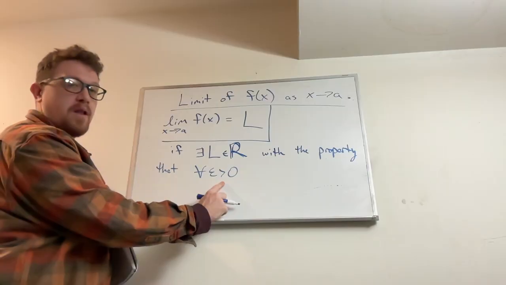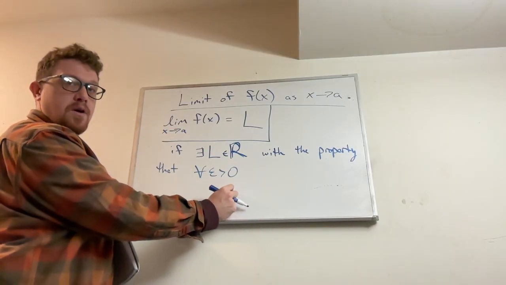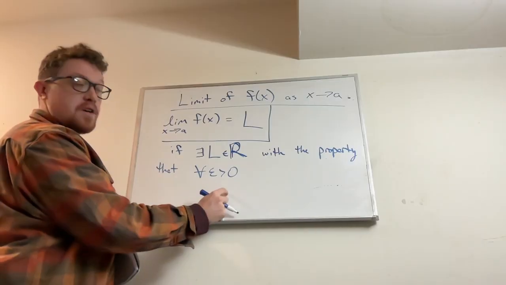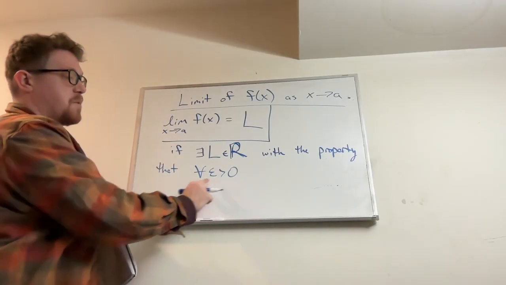For any small number greater than 0, it could be 0.01, it could be 0.001, 0.0001, right? Just keep getting closer and closer. It needs to be true for every epsilon.